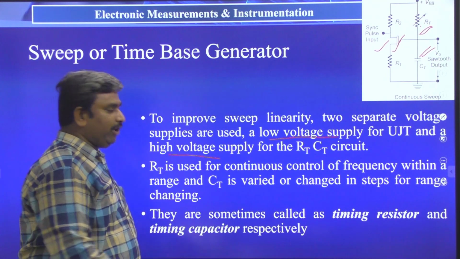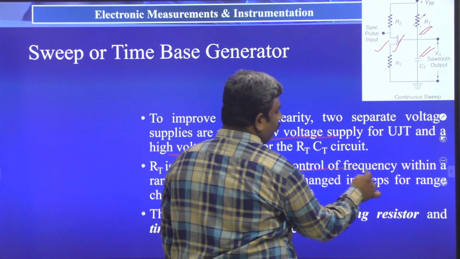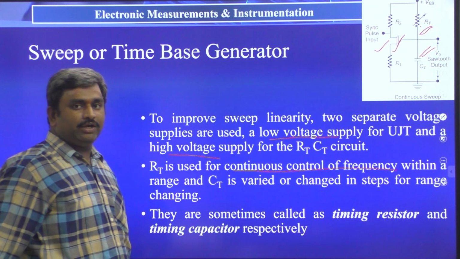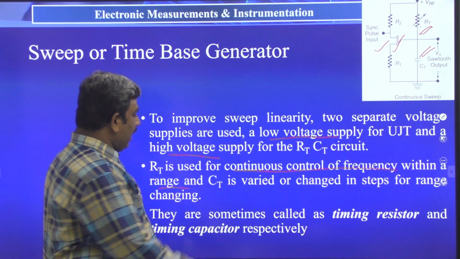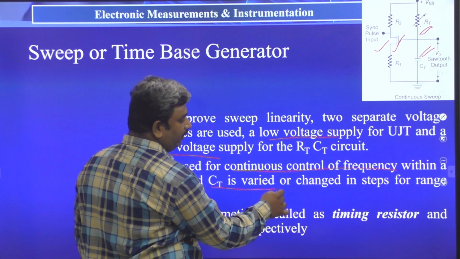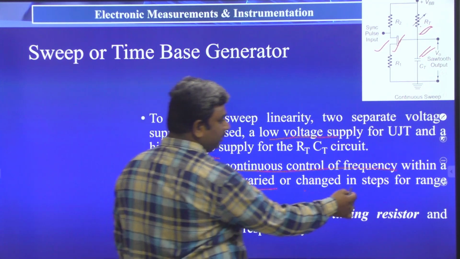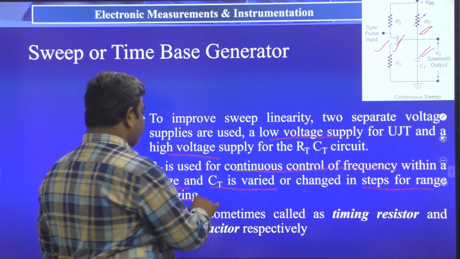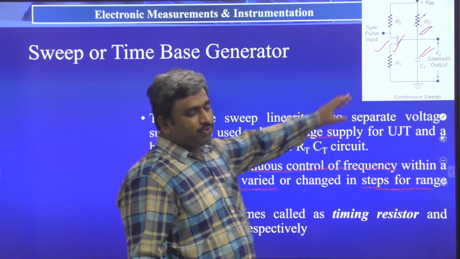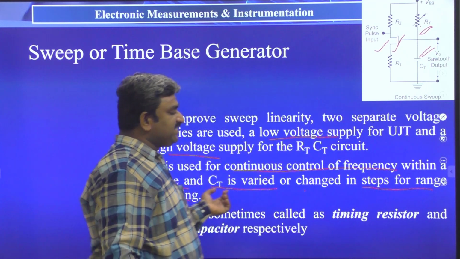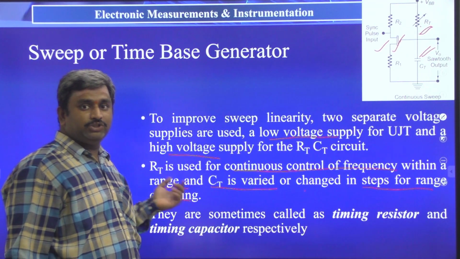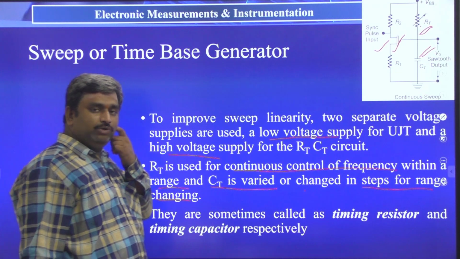RT is used for continuous control of the frequency within a range, and CT is changed in steps for range changing. How much voltage and how many steps we require depends on the CT position, that is, on the varying of the CT values.